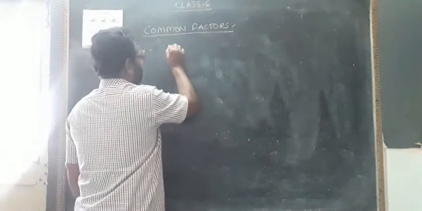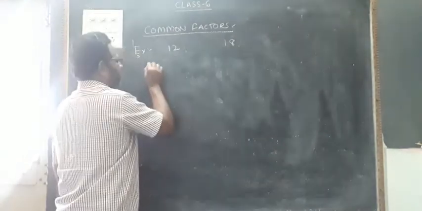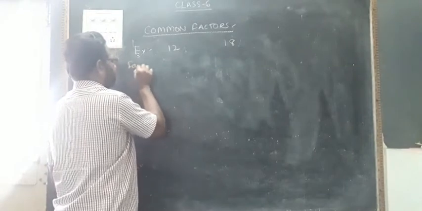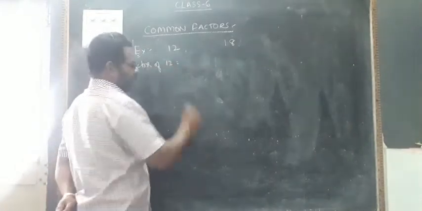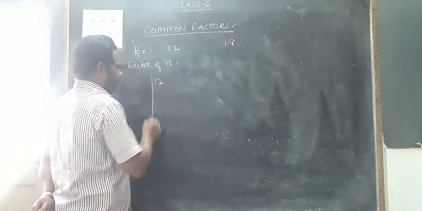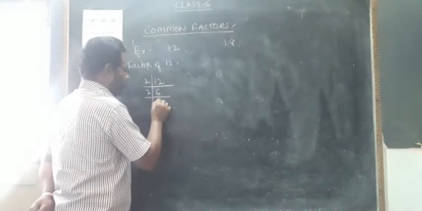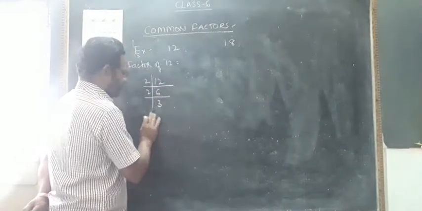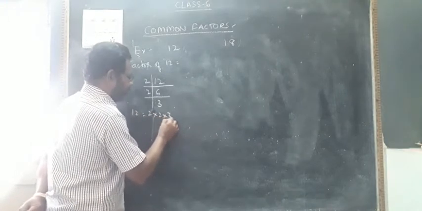Example, I am taking 12 and 18. So factors of 12 is equal to, factors means prime factors only we are taking, 2 table, 2 6s are 12, 2 table, 2 3s are 6. Okay, so 12 is equal to 2 into 2 into 3.